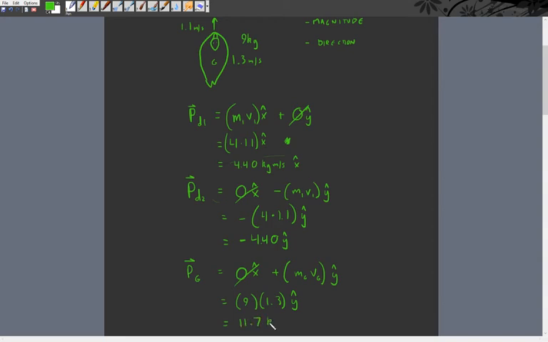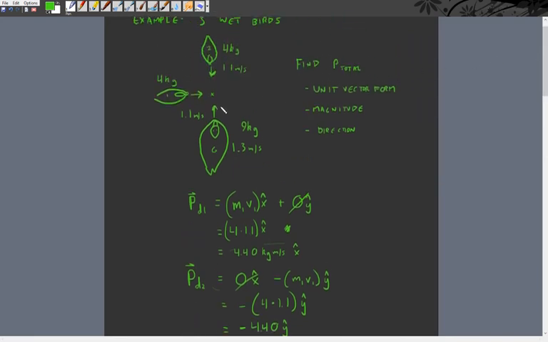And the units are, of course, kilogram meters per second in the y-hat direction. This is positive because the goose is moving in the positive y direction. Okay? So remember, this is the positive y direction, and this is the positive x direction.